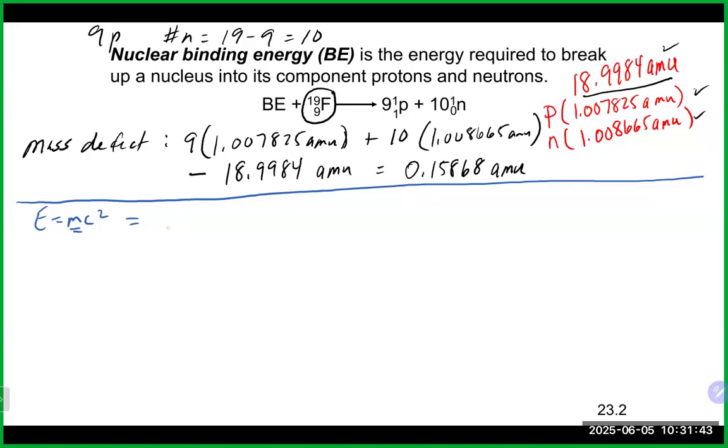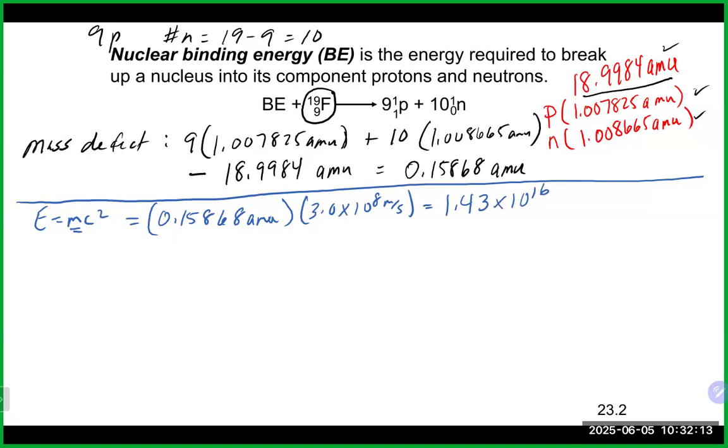So we can put this in here and take our 0.15868 AMU, times it by the speed of light, which is 3 times 10 to the 8 meters per second. And that's going to get us here, basically 1.43 times 10 to the 16.